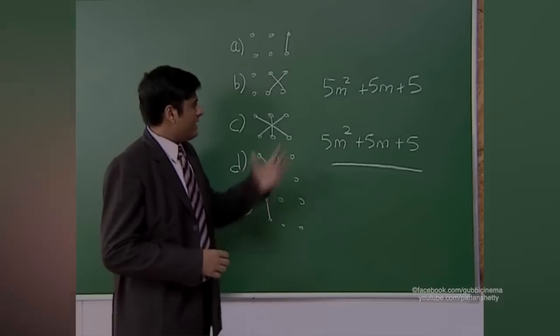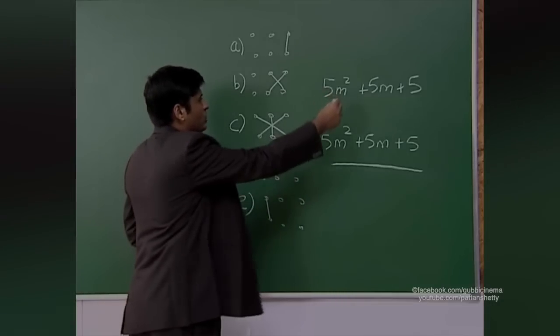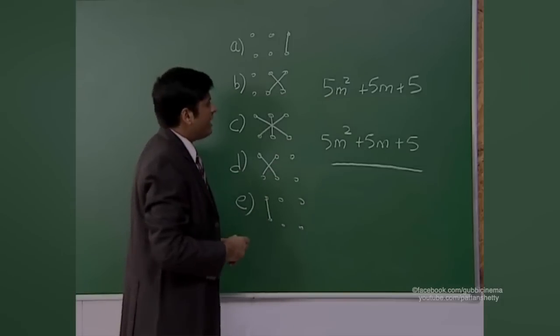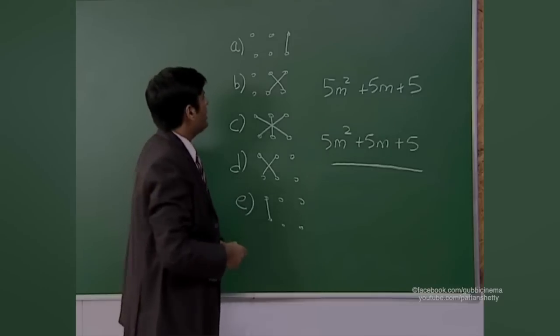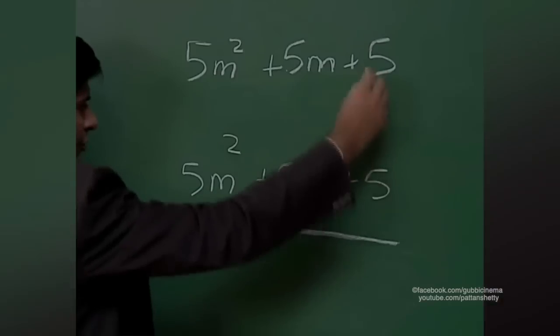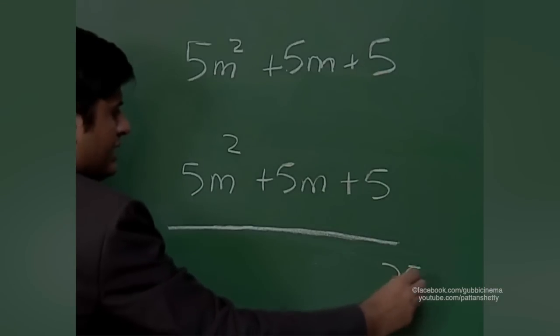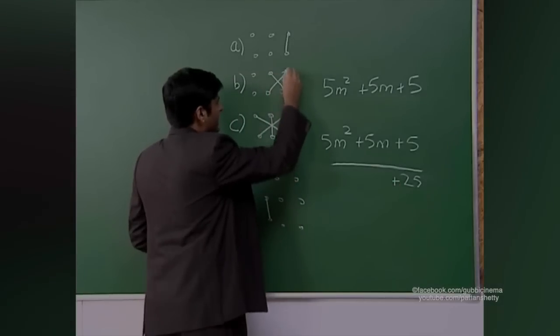Friends, let us see an advanced example in this. We have to multiply 5m square plus 5m plus 5 with the same number 5m square plus 5m plus 5. So first step says multiply these two numbers. We have 5 5s are 25. Second step will be like this and like this.